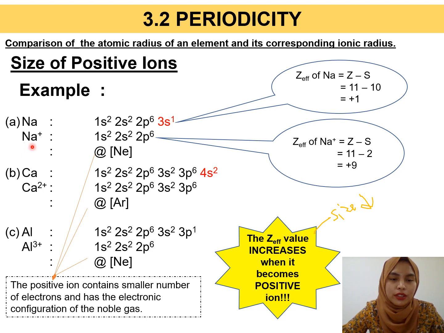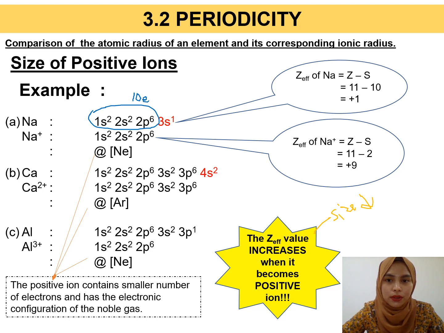When it becomes a sodium plus ion, the 3s1 is lost. If you want to calculate the Zeff of the sodium atom, the proton number of sodium is 11, minus the inner electrons. The number of electrons in the inner shells is 10. So 11 minus 10 gives positive 1.